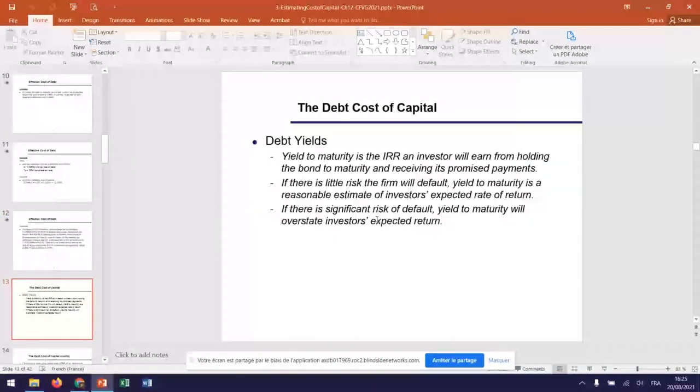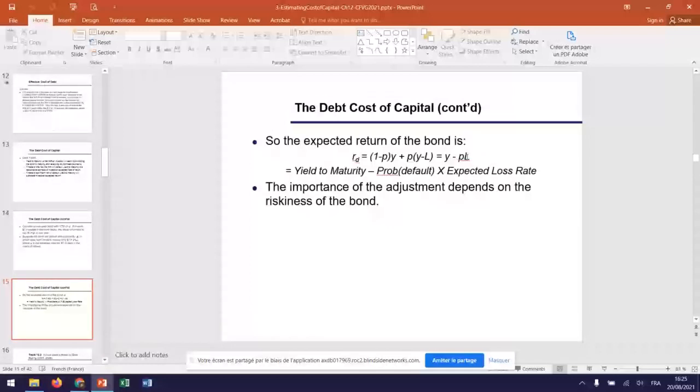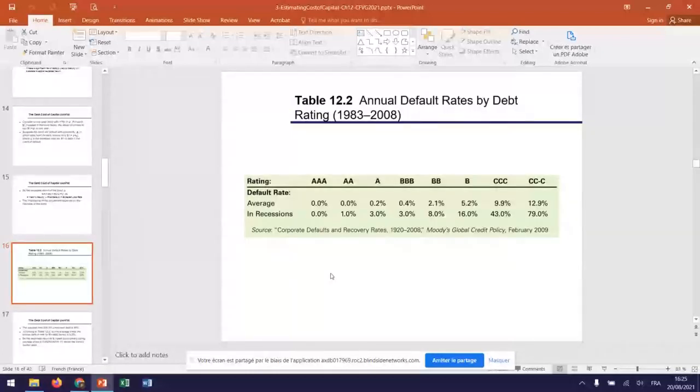So the yield to maturity can be used if there is little risk of the firm defaulting. If the risk of default of the bond is high, you have to adjust with minus PL like this. Okay, let me give an example.